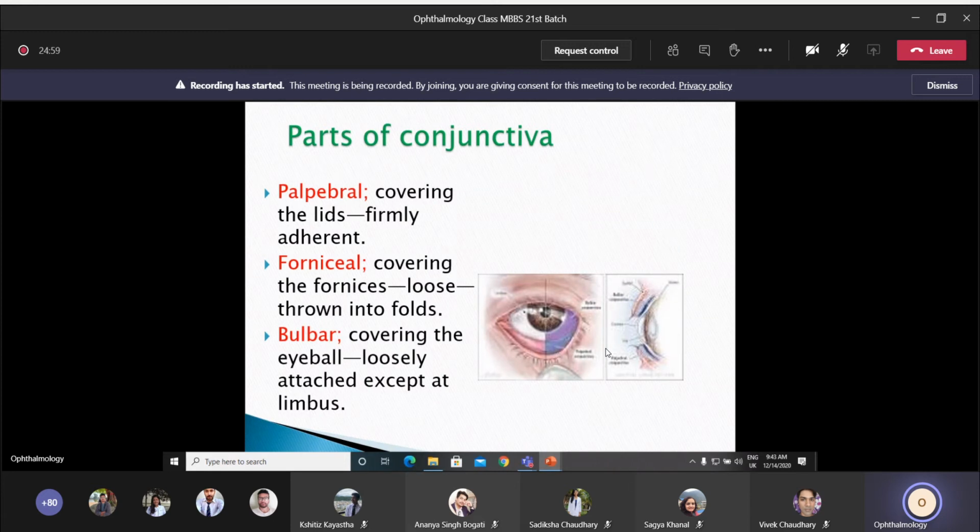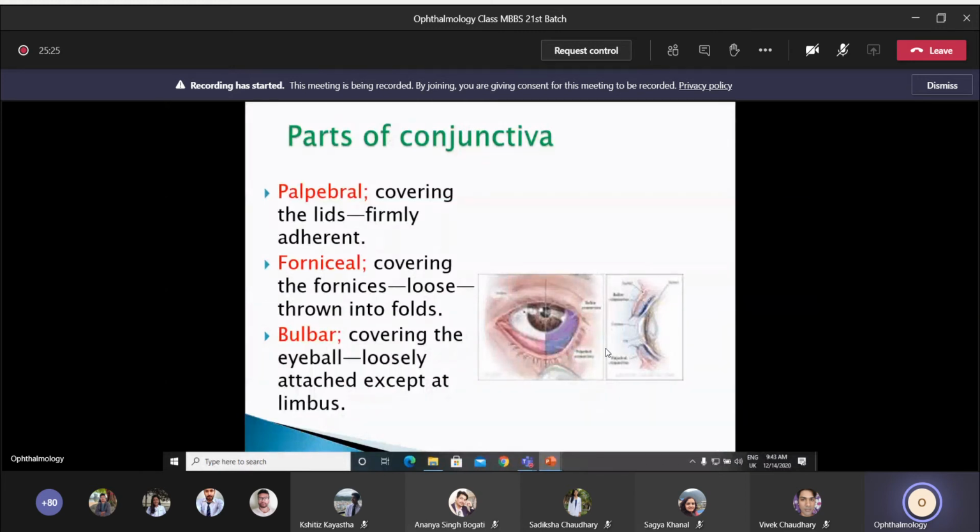Then the fornicial conjunctiva is the fornix. As we know, the fornix is the meeting point between the bulbar and the palpebral conjunctiva. Right down here, this is the fornix. This is the fornicial conjunctiva, and it is loose and thrown into folds. The bulbar conjunctiva is the one you see when you look at the eye, covering the eyeball, the white part of the eye basically.